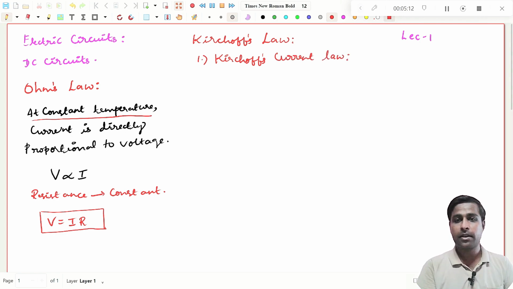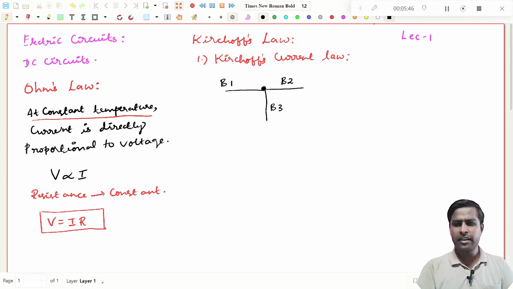Before knowing what Kirchoff's current law is, you should know what a node is. In an electric circuit, I will draw the diagram first. This is branch number 1, this is branch number 2, this is branch number 3.